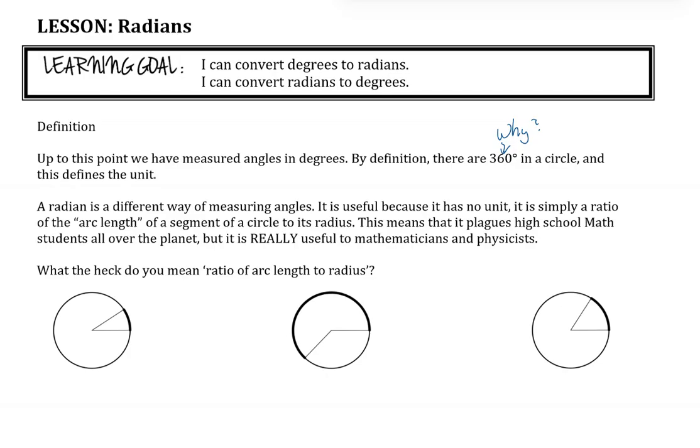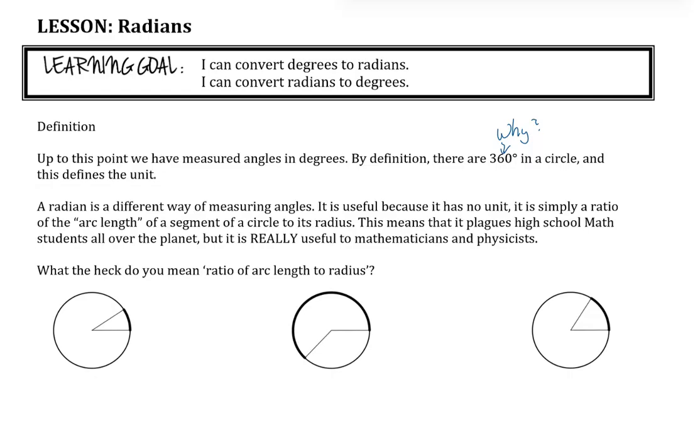So a radian is a different way of measuring angles. It's a different unit. Just like an inch is bigger than a centimeter, a radian is much bigger than a degree. We're going to talk about that. That's the first thing we're going to do with those pictures of circles. It's useful because it has no unit. It's actually useful for a more complex reason, but it's not an arbitrarily defined unit.